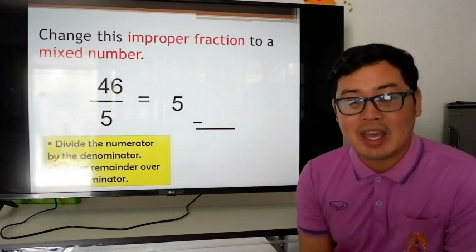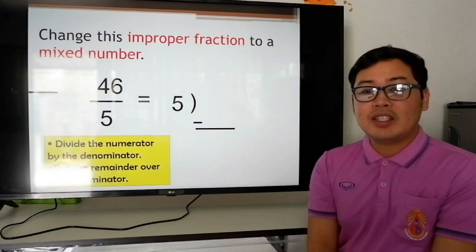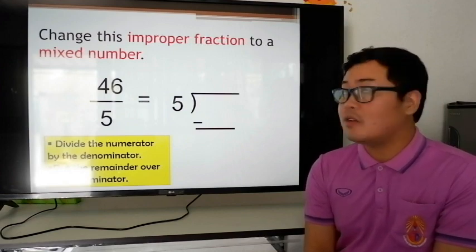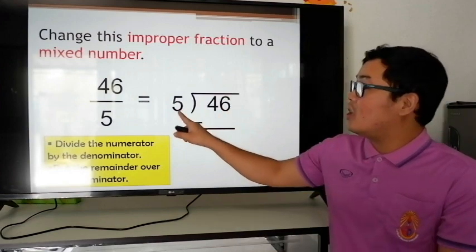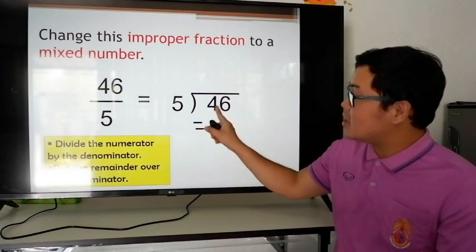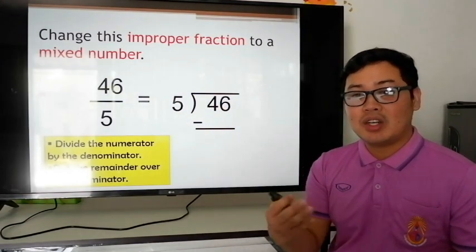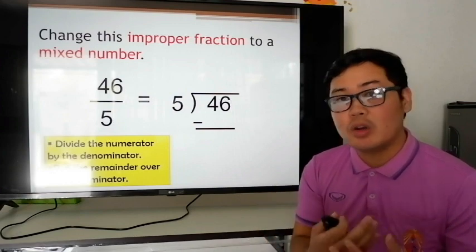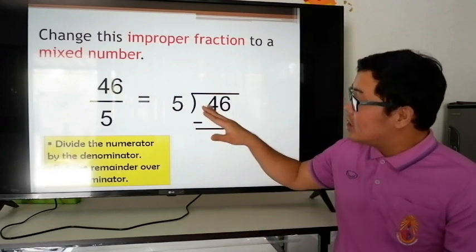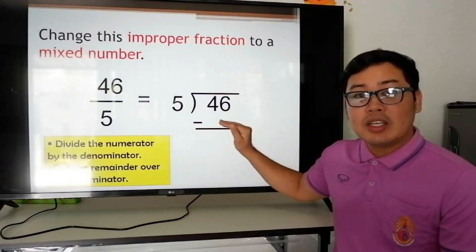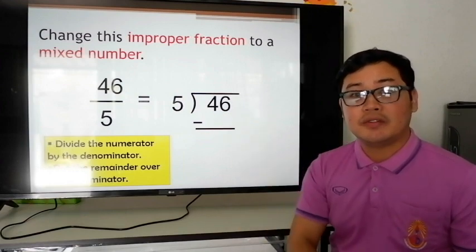Okay, 46 divided by 5. So what are the numbers that if we are going to multiply this one, the result is not greater than 46?